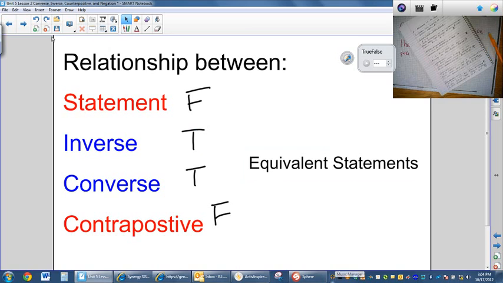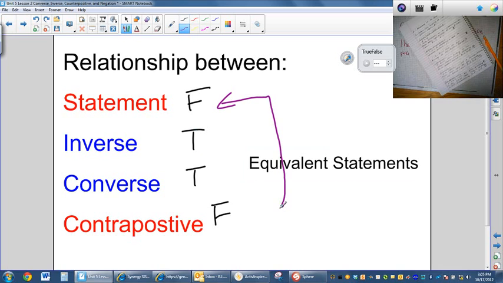What this tells us is that the original conditional statement and the contrapositive are always going to share the same truth value. Same with the inverse and the converse. They're always going to share the same truth value. That is the actual reason why it's going to work. Just so you know.